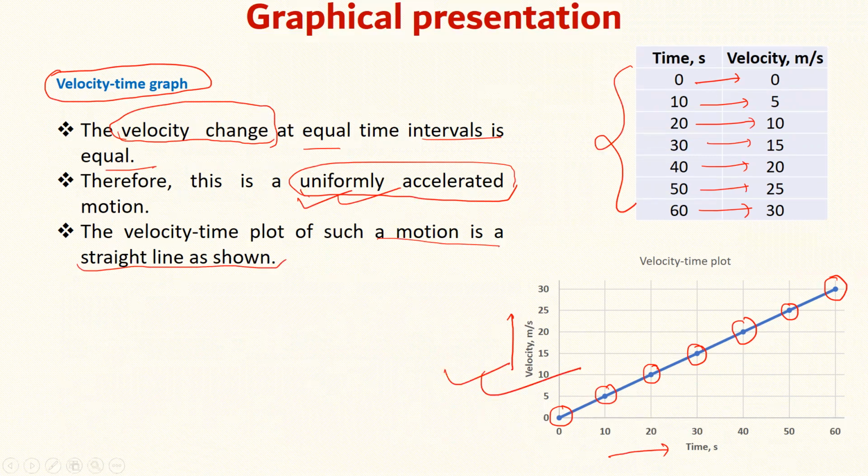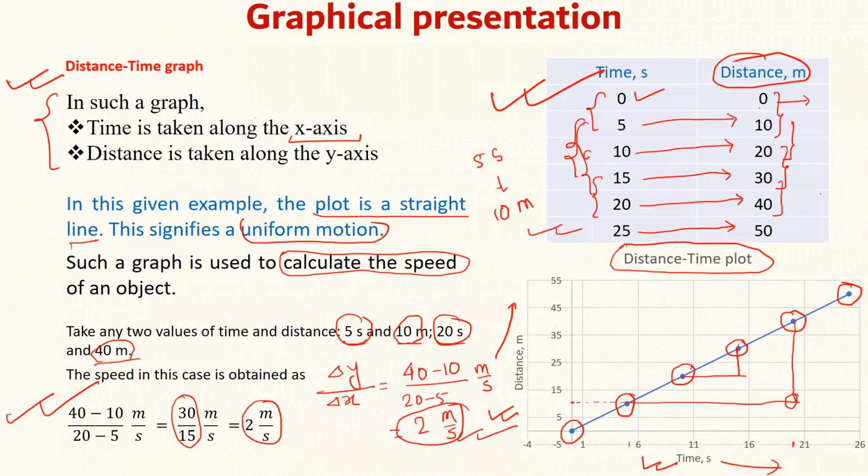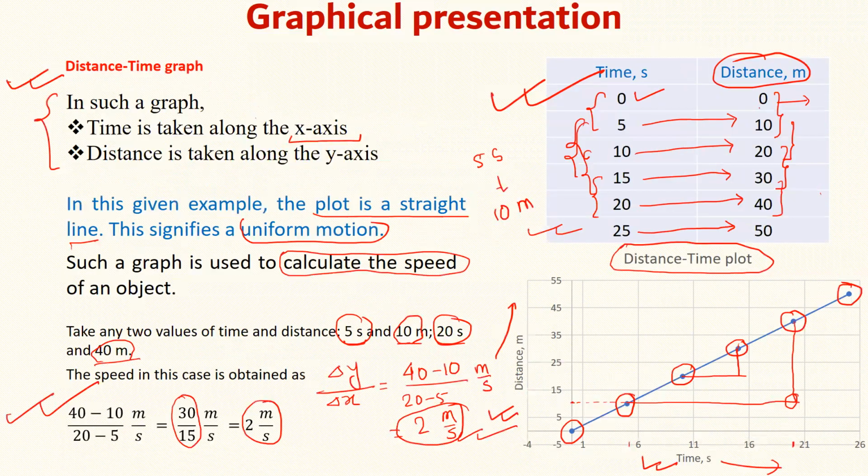I hope you have understood all the concepts: how we can graphically represent distance time and velocity time, what will be the nature of a plot for uniform velocity, and what will be the nature of the plot for uniform acceleration.